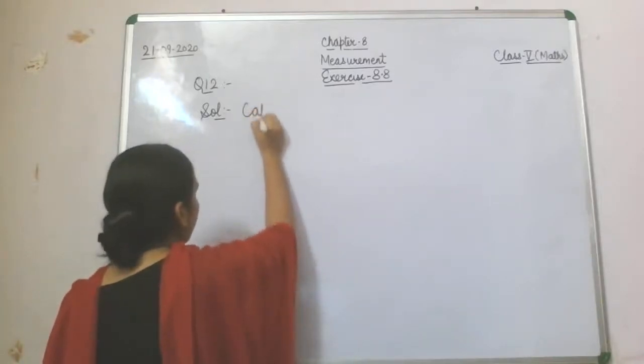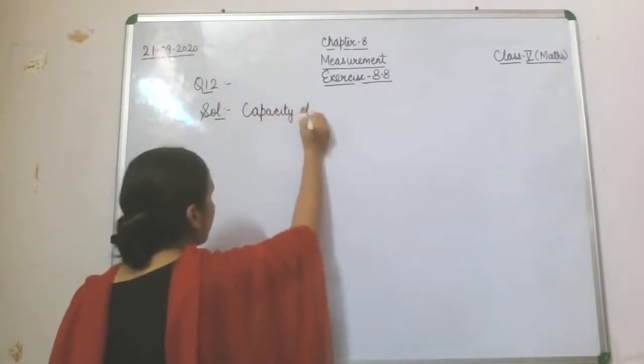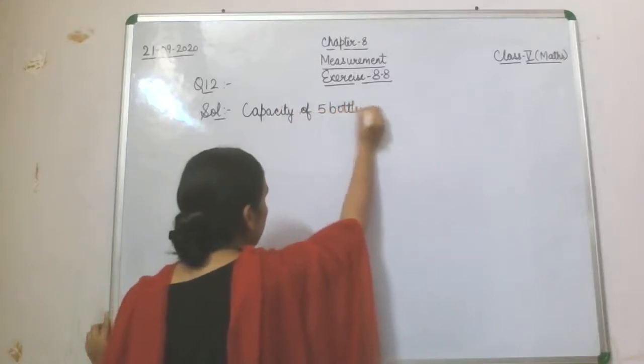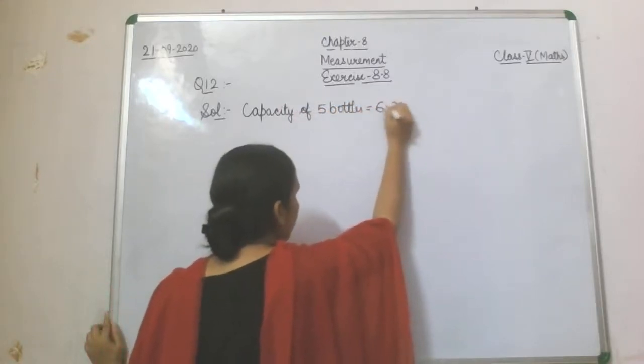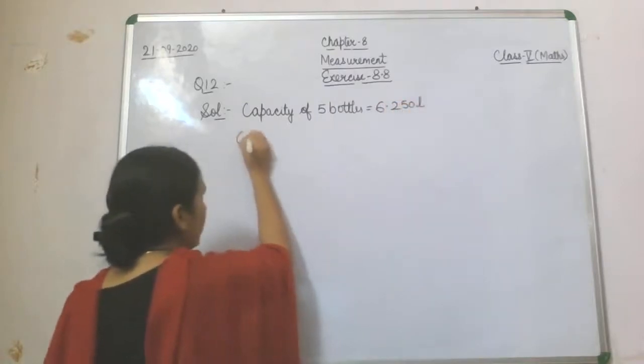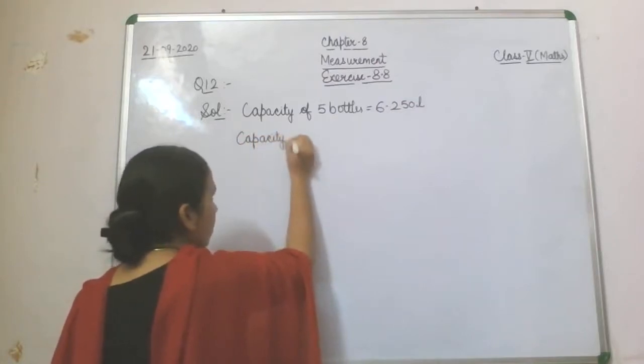Capacity of 5 bottles, that is 6.250 liters. Now capacity of 1 bottle.